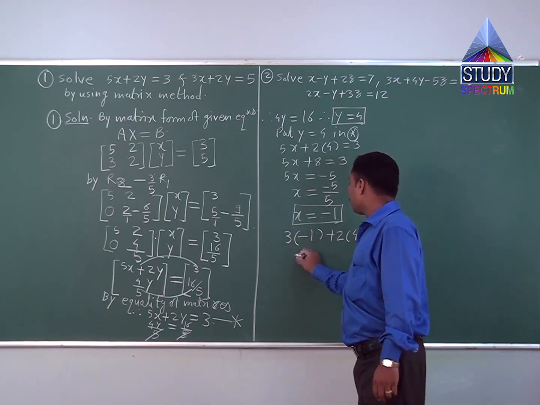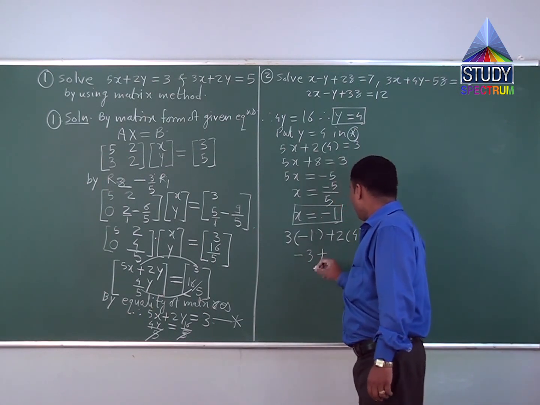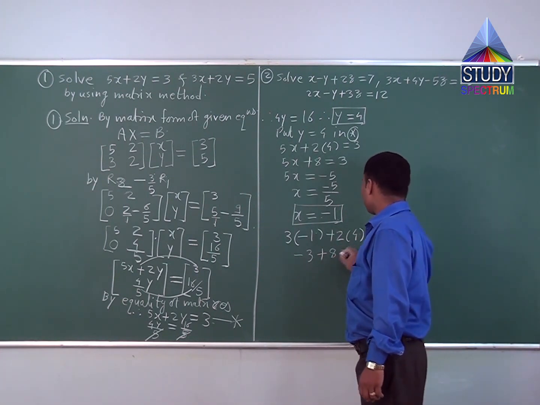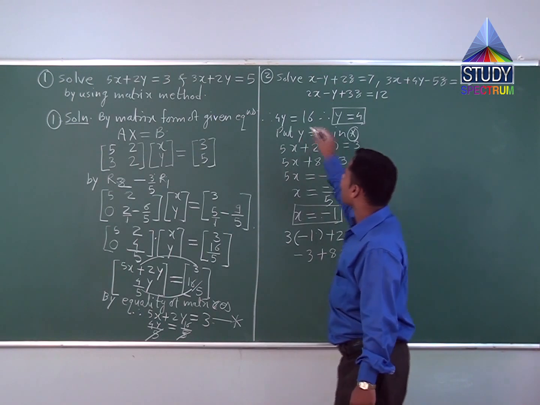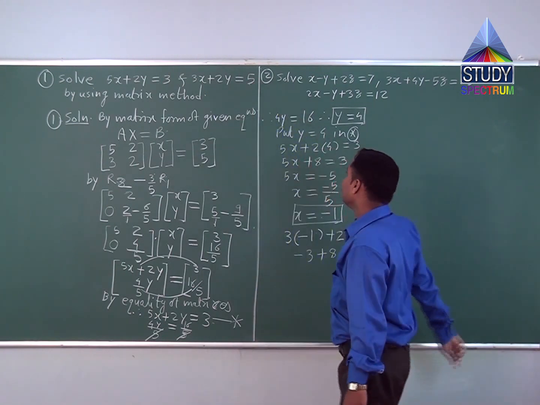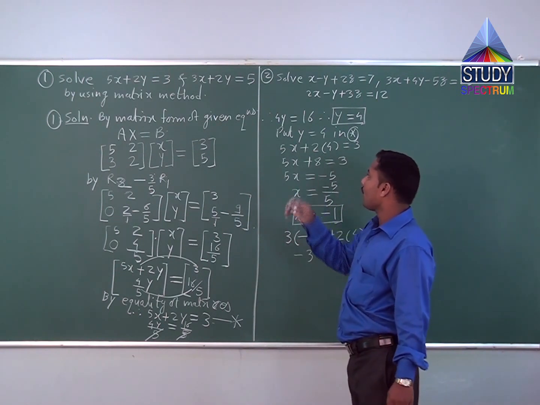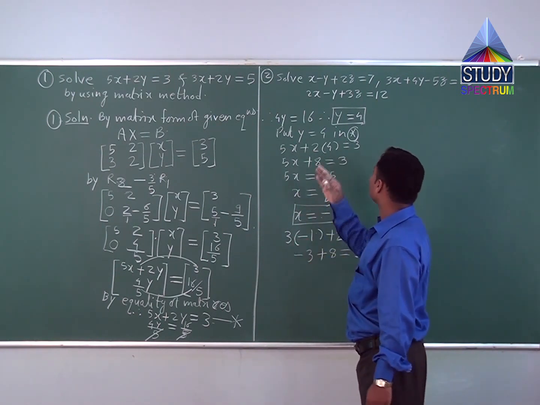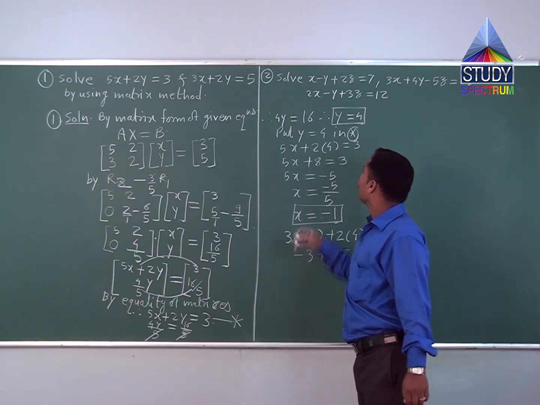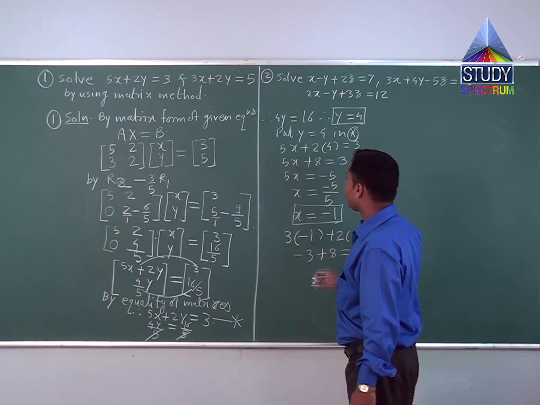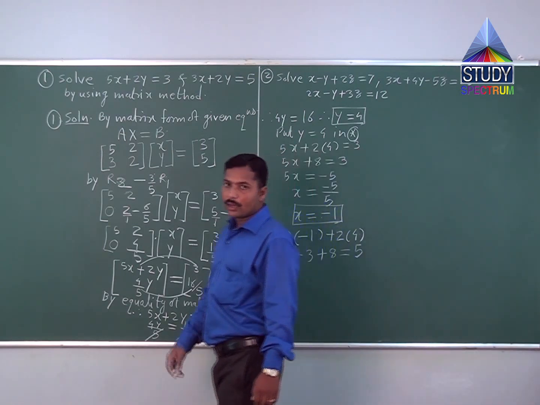So 3 into -1 is -3, plus 2 into 4 is 8, so equal to 5. So the right hand side is satisfied. Similarly, you can check in the first equation, x equal to -1, so -5 plus this 8 becomes equal to 3, so these answers are correct.